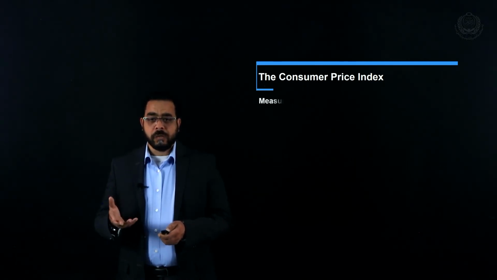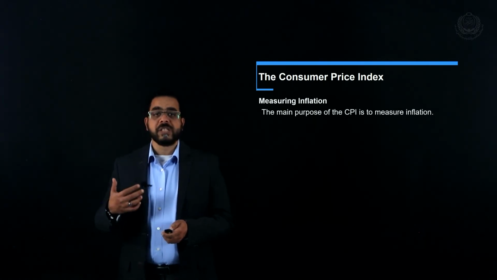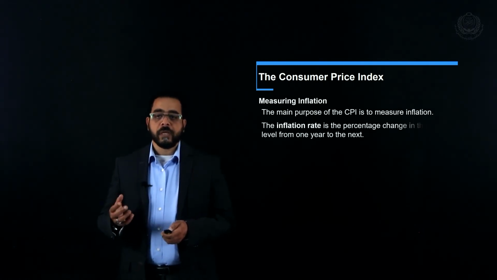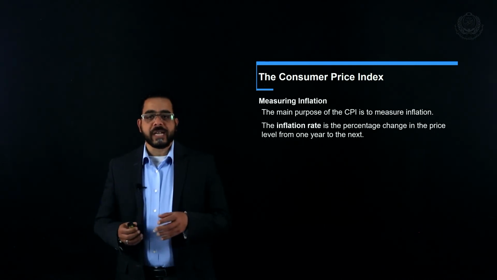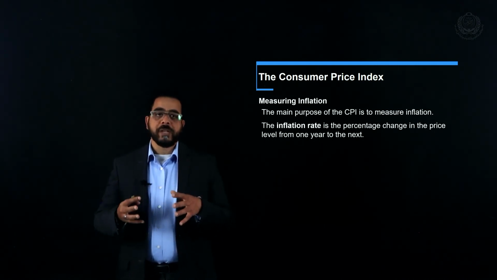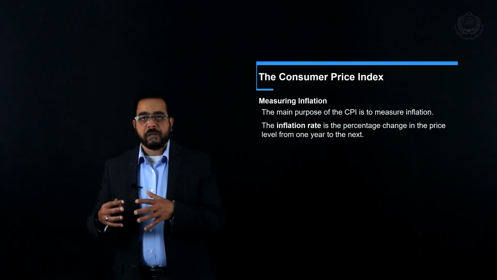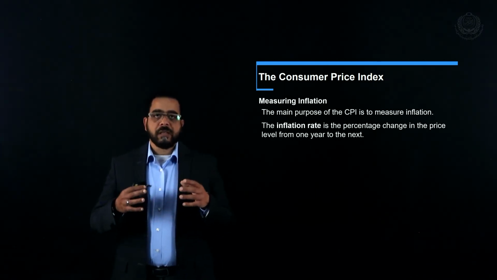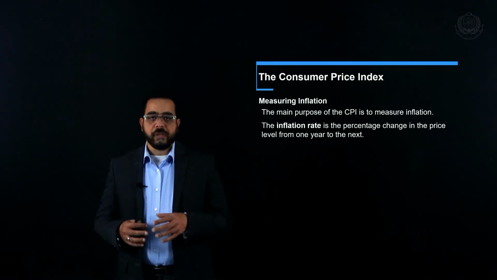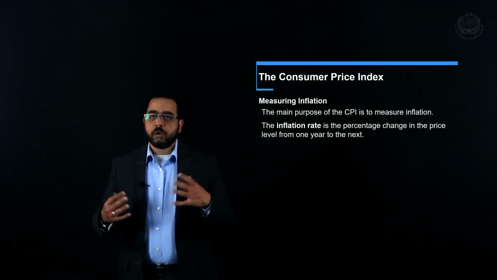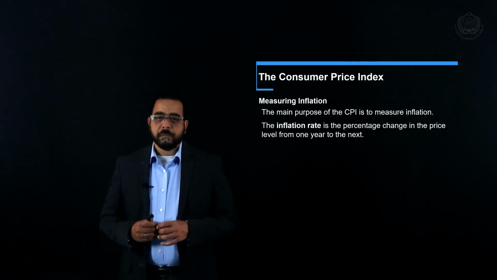In order to calculate the inflation, it's similar to the economic growth. Inflation rate will be the percentage change in a price level from one year to the next or from one period to the next. So CPI or inflation rate is usually calculated on a monthly, quarterly, or annual basis.